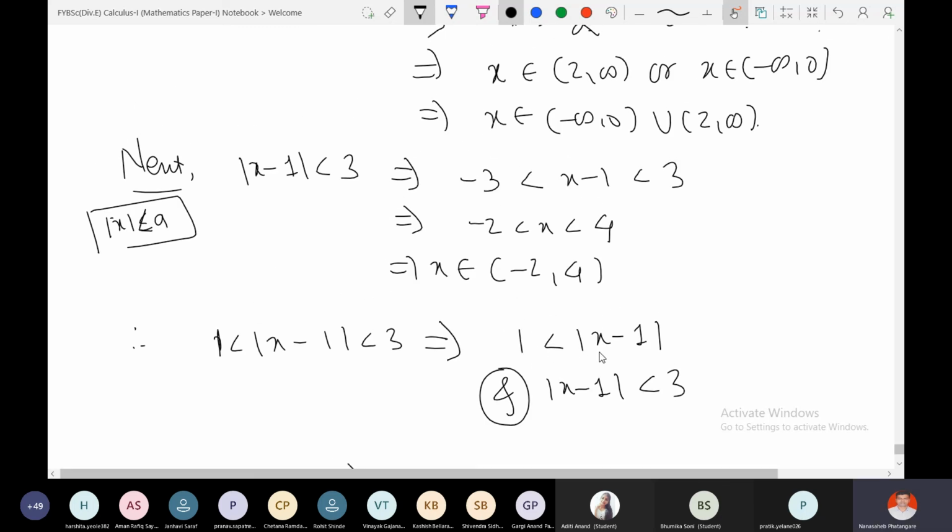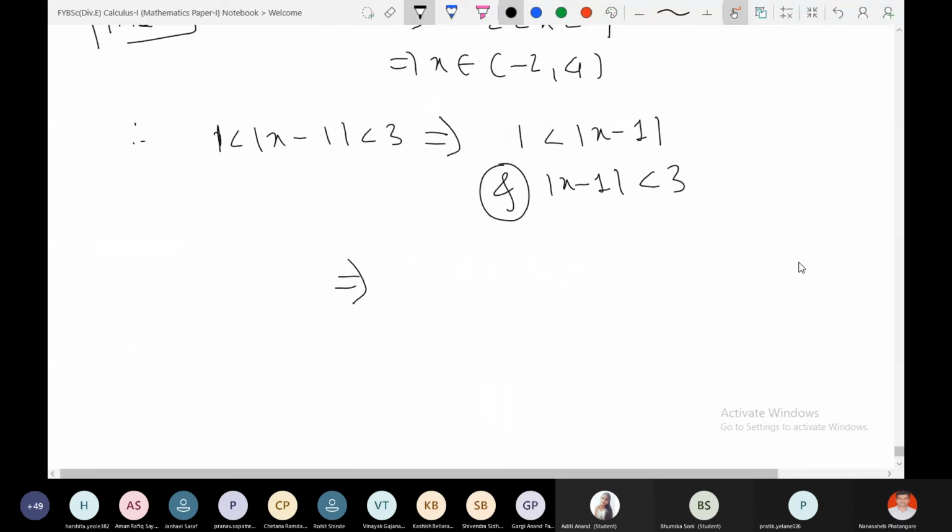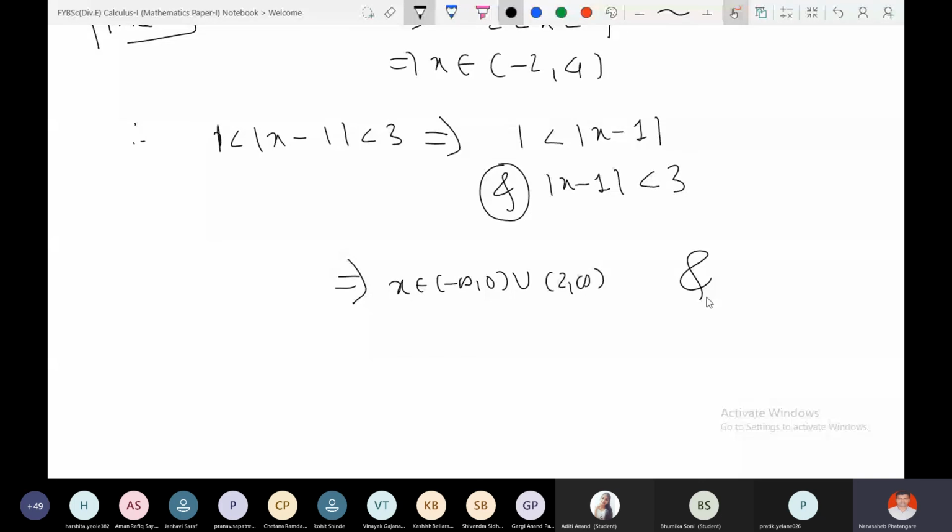But 1 less than absolute value of x minus 1 is equivalent to saying that x belongs to minus infinity to 0 union 2 to infinity, and the other one says that x is in minus 2 to 4.